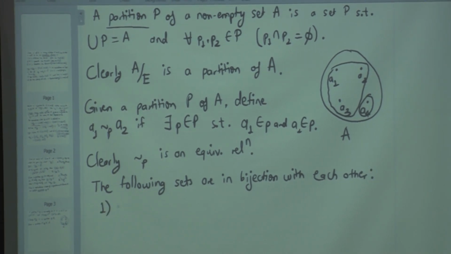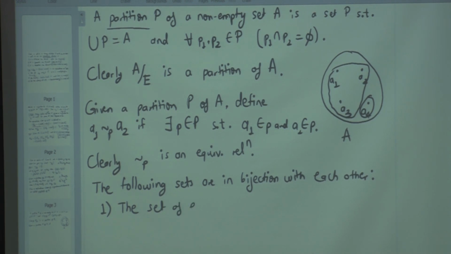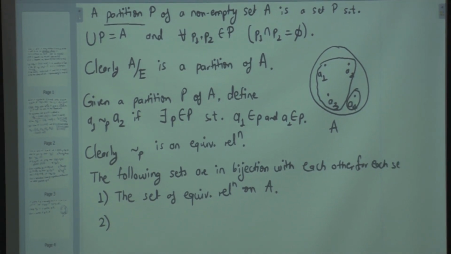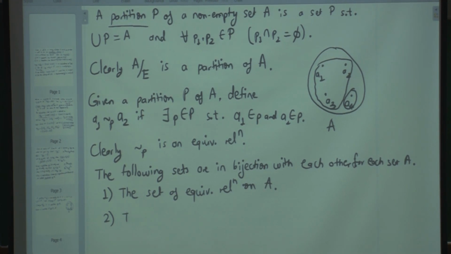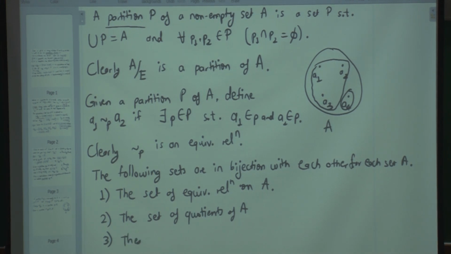The first one is the set of equivalence relations on A, for each set A. Okay, the set of equivalence relations, the set of quotients of A, and the third one, the set of partitions of A.